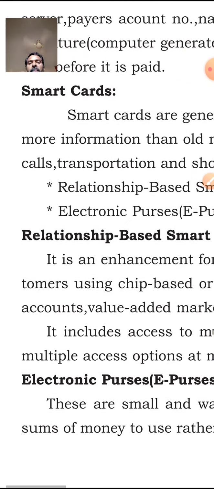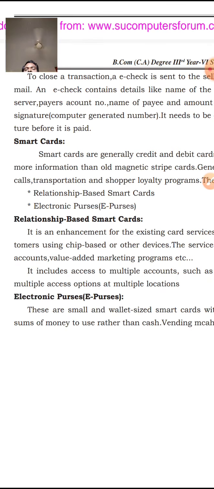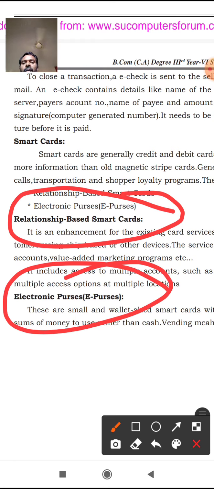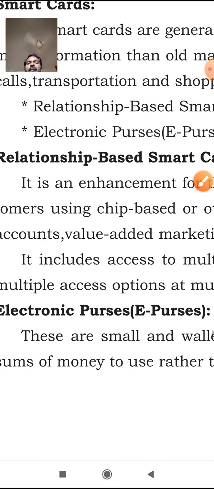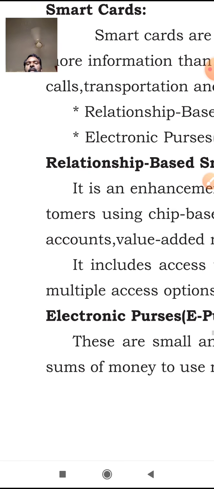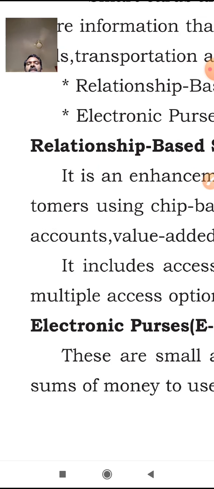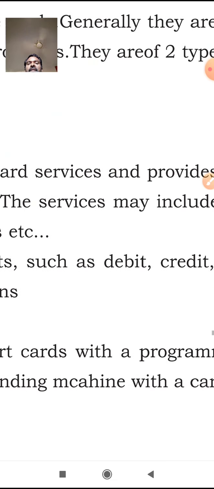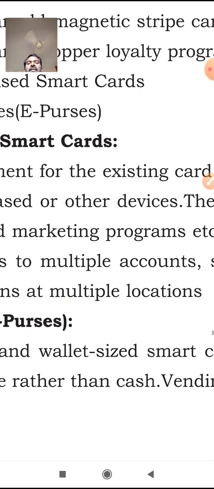Mainly they belong to two types: number one, relationship based smart cards, and number two, electronic purchase cards. Between these two a small difference is there. What is that? I will explain. A relationship based smart card is an enhancement for the existing card services and provides additional services to its customers using chip based or other devices.